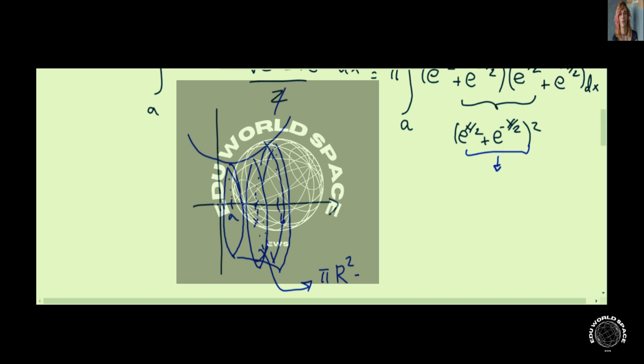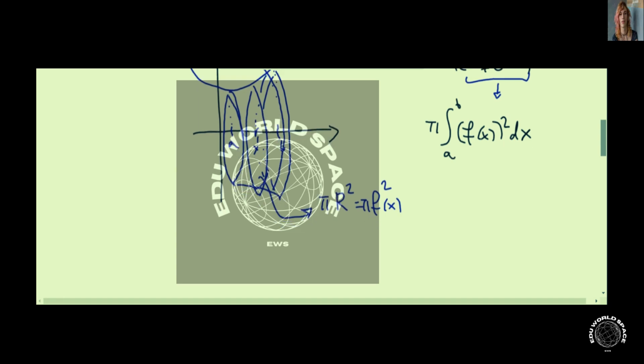The radius is our function, so it would be pi times our function squared, which is the same integral that we have here. We have here pi times integral from a up to b of f of x squared dx, which is, to compute the volume, we would need just to add all of those.